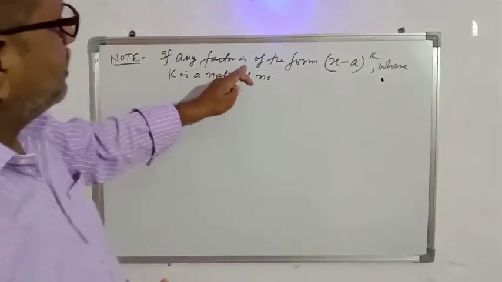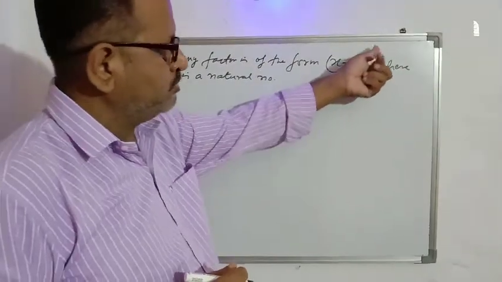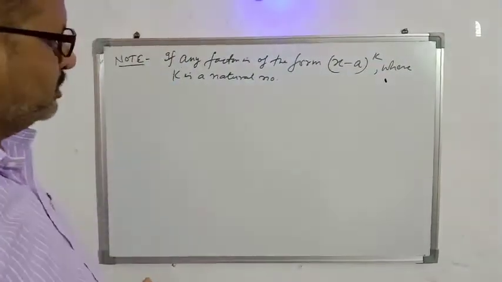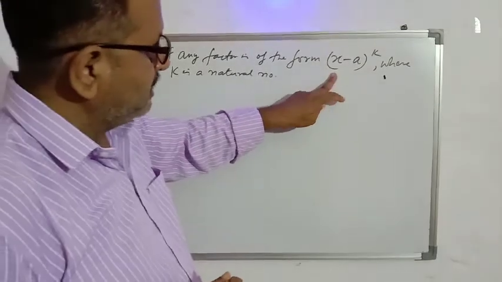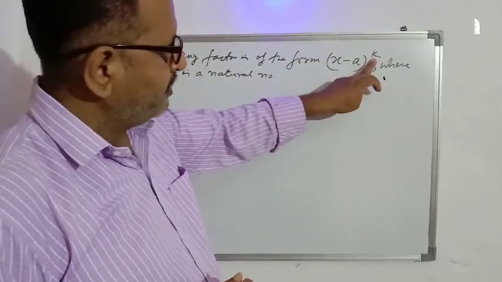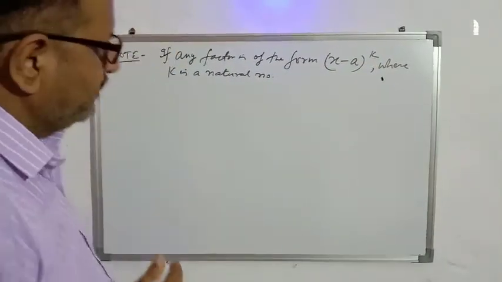If any factor is of the form x minus a to the power k, where k is a natural number, then two cases arise. Either k may be odd or k may be even.